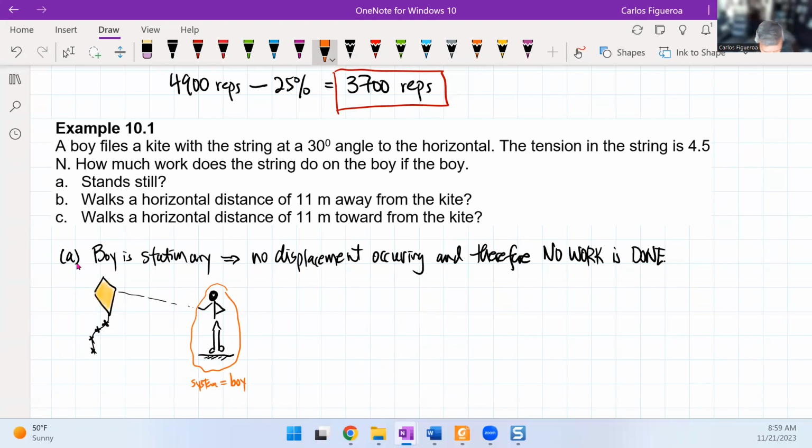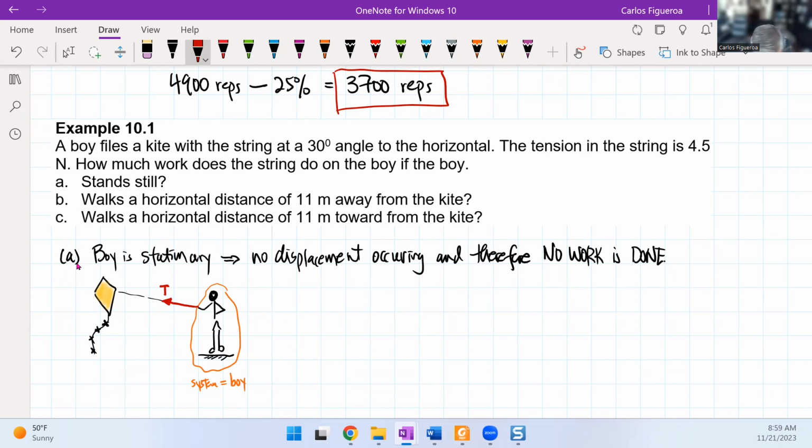So if the system is the boy, what is acting on this boy here? According to this, I have a net force acting on this. So then I'm going to say that there is a force, in this case a tension.